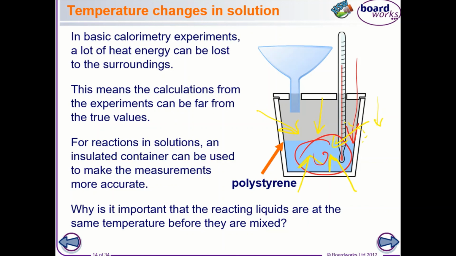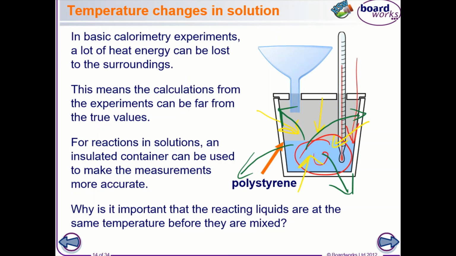Now on the other hand, if there is another reaction taking place such that heat energy is lost to the surrounding, the other way around, the thermometer picks up the heat energy that has been thrown into the surrounding, and that will be seen as an increase in what?